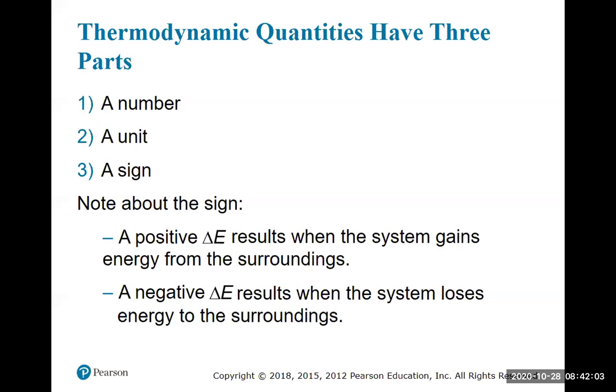Positive delta E results when the system gains energy from the surroundings, so an endothermic process. A negative delta E results when the system loses energy to the surroundings, so it's giving off energy, it's exothermic. So a lot of times in some of the calculations you do, you'll have an energy value, a certain number of joules or kilojoules, but you'll need to decide, is it endothermic, is it exothermic?